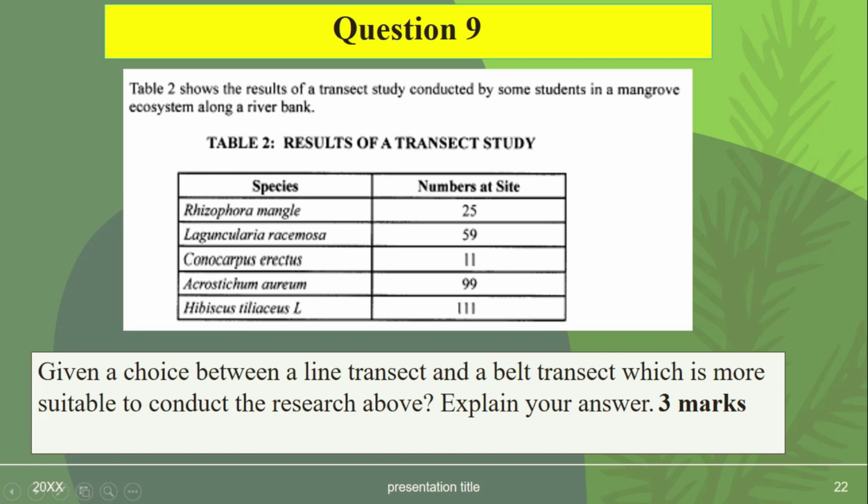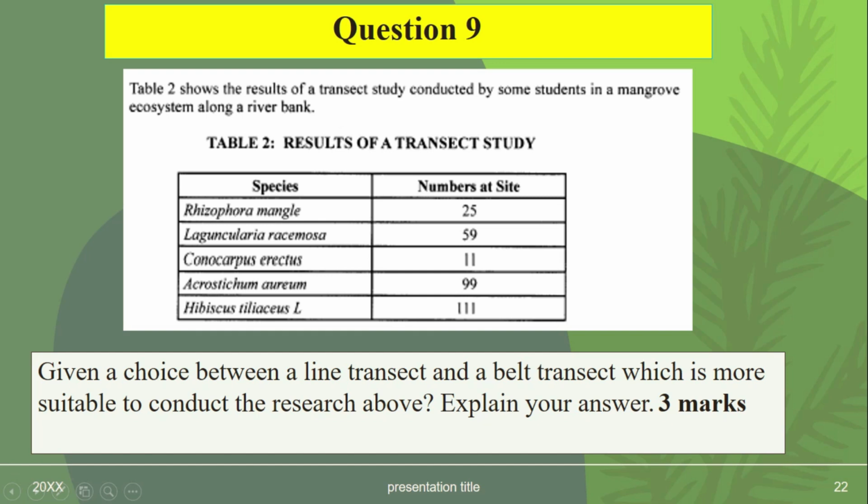So the species, these are the organisms that live in the mangrove. So you have the Rhizophora mangrove, which is 25 of them living there. The Langocularia, 59. The Gonocarpus, 11. The Acrosticon, 99. And the Hibiscus, 111.